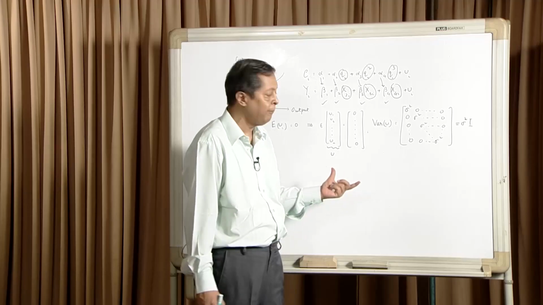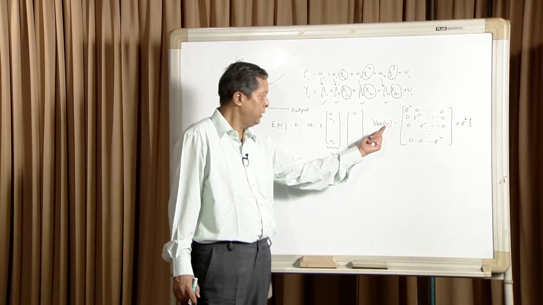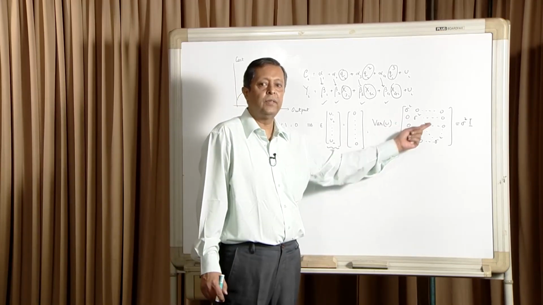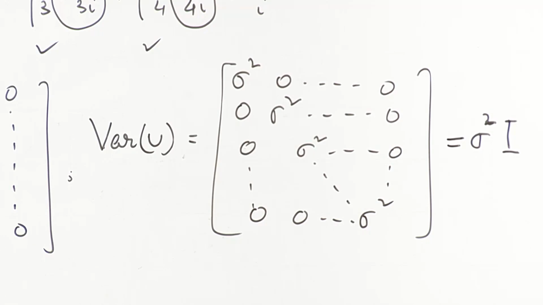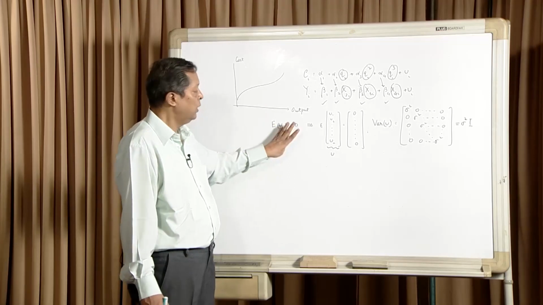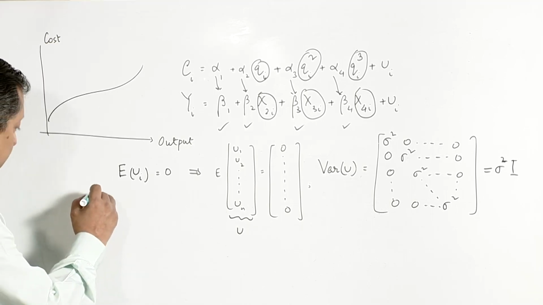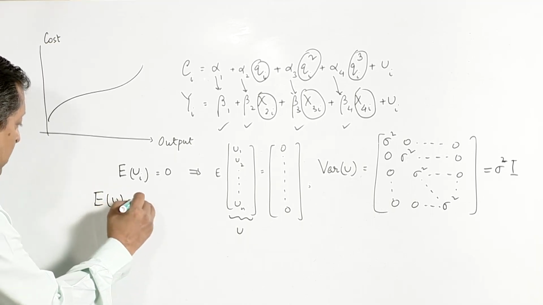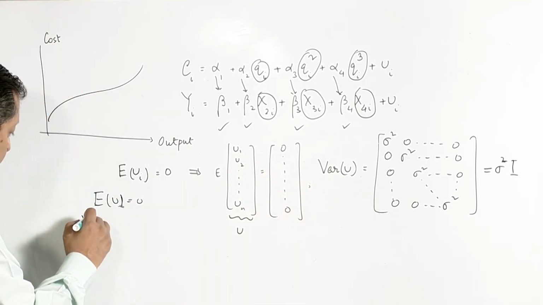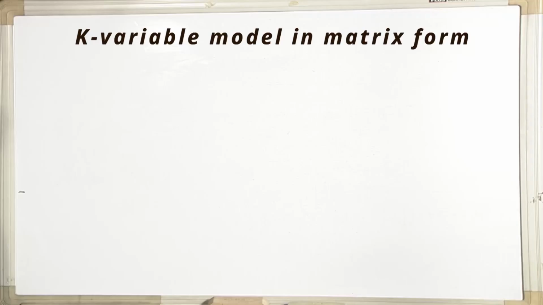So, in matrix notation, we write variance u, instead of saying ui, we write u, because u contains the entire vector, and covariance are the off diagonal terms. So, these are two very important things, that is, we have to be able to express these two conditions, expectation ui equal to 0, that we write as expectation of u is equal to 0, and variance covariance conditions we write as variance of u is equal to sigma square I.